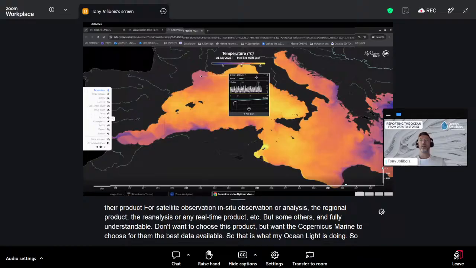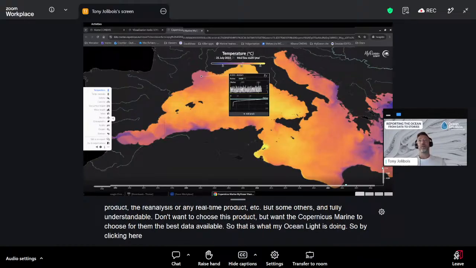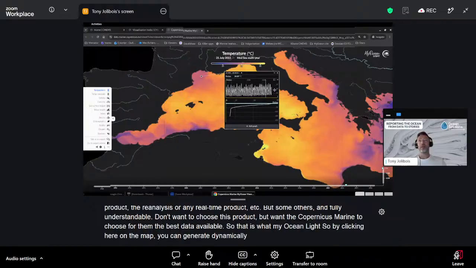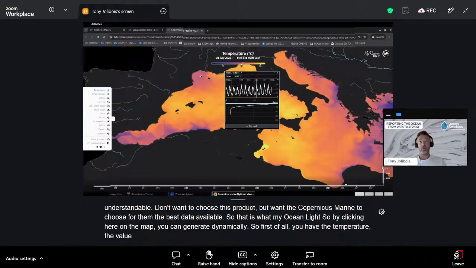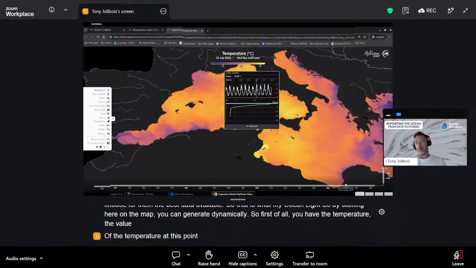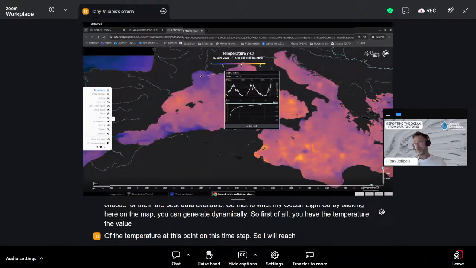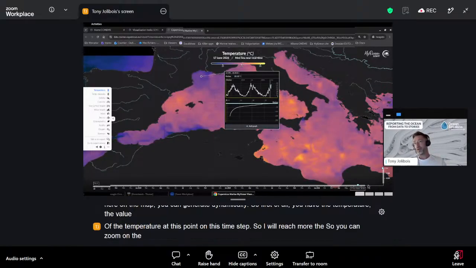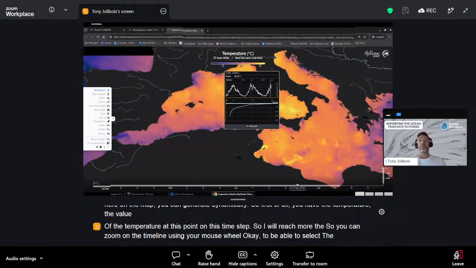So by clicking here on the map, you can generate dynamically. First of all, you have the value of the temperature at this point on this time step. You can zoom on the timeline using your mouse wheel to be able to select the time step you want.